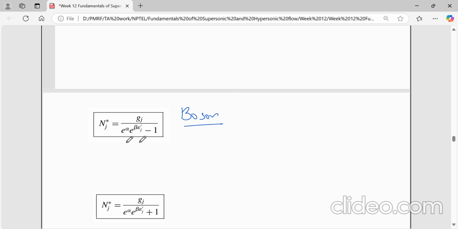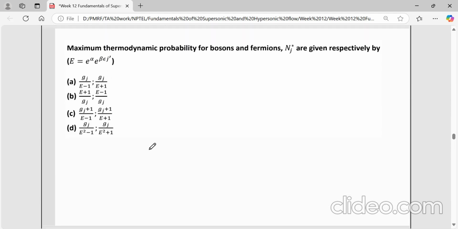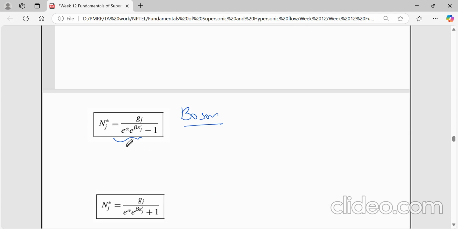And this e to the power alpha e to the power beta epsilon j dash is nothing but E, so it can also be written as Gj upon E minus 1.